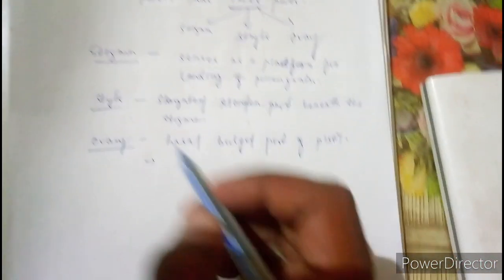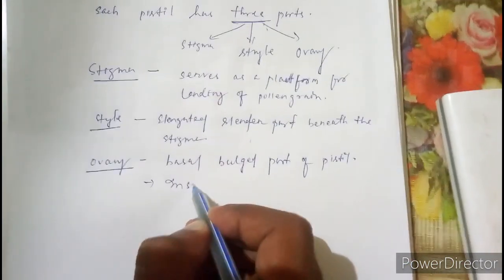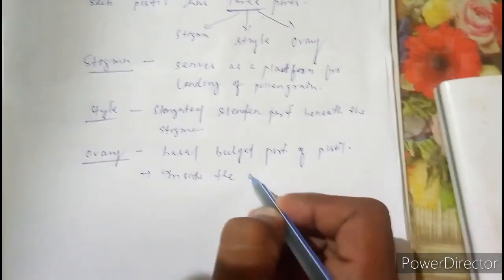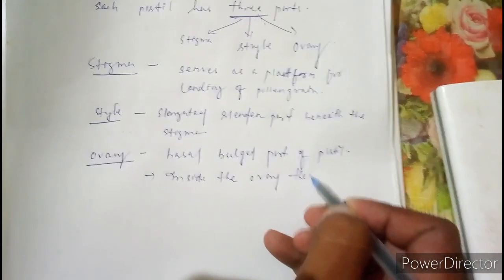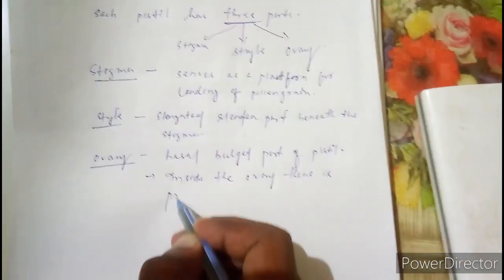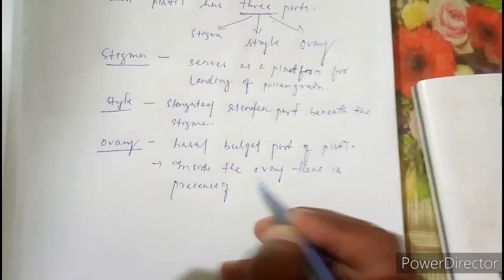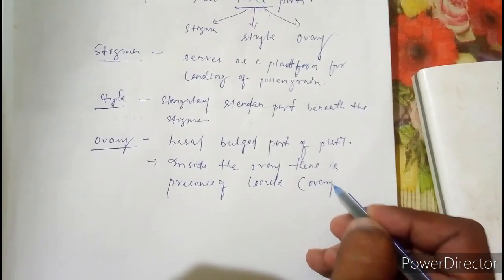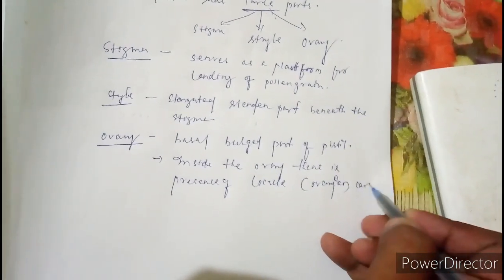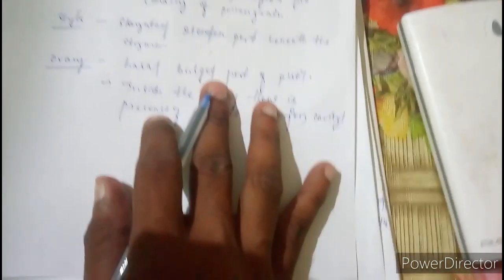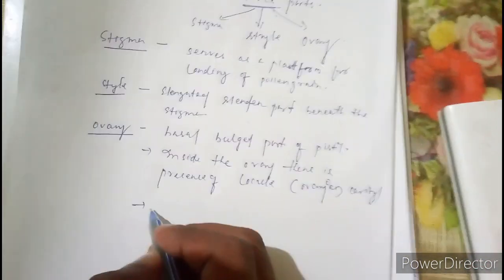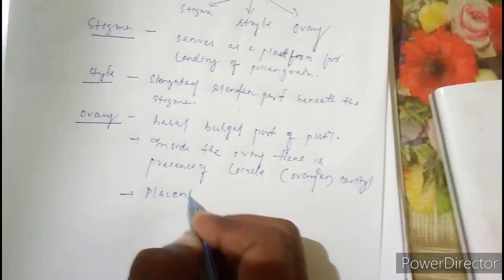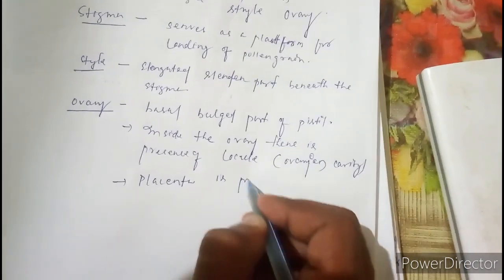Inside the ovary, the ovarian cavity is present. There is a locule, meaning ovarian cavity. Placenta is located inside the ovarian cavity.